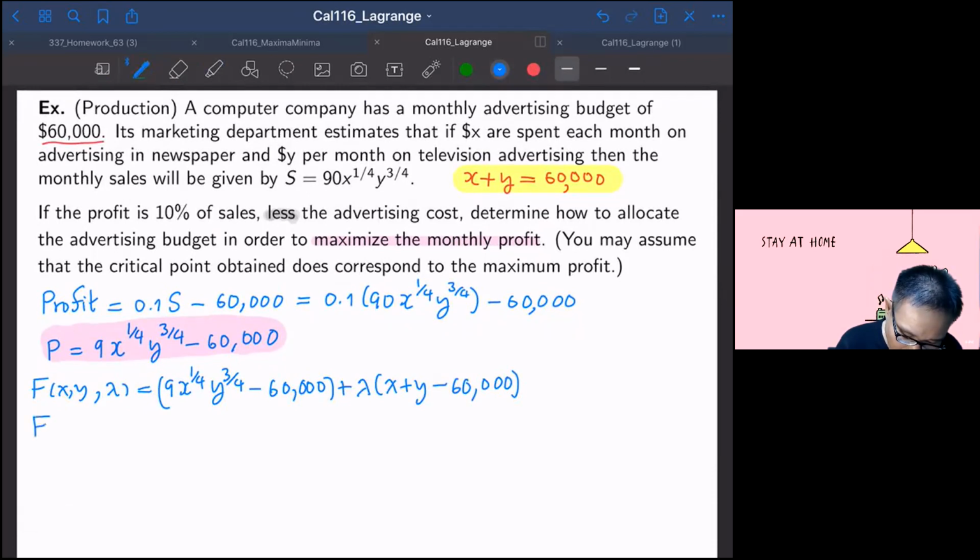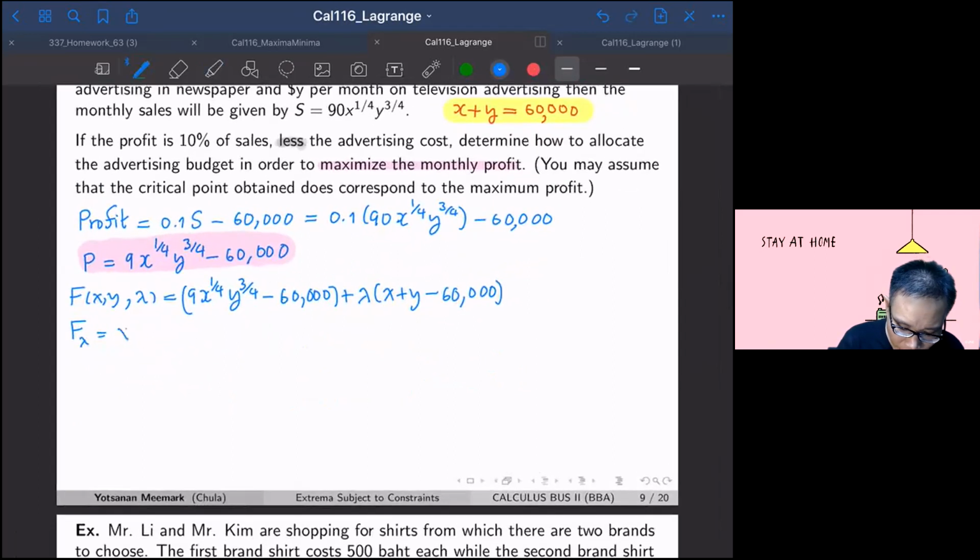So you're going to compute F_lambda. F_lambda would be just the constraint, so it's going to be x plus y minus 60,000. For F_x, you differentiate this one, so it gives you 9 times 1/4 x to the negative 3/4 y to the 3/4, plus lambda.